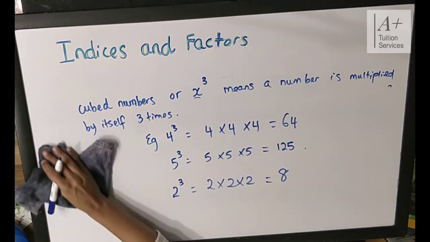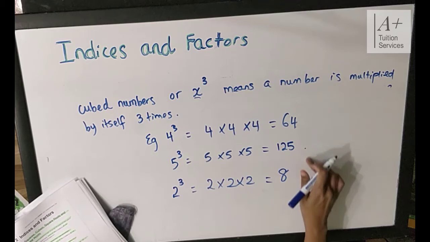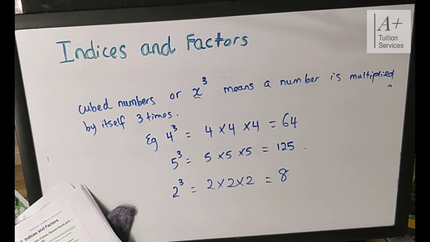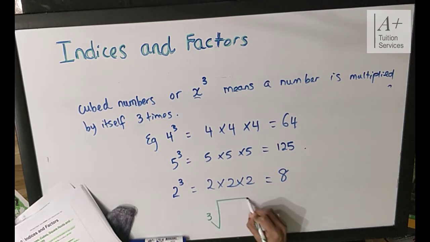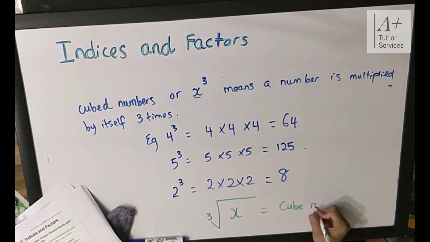However, if I want to get back the number that I cubed, I need to use cube roots. So I would now use this symbol 3 with the square root sign like normal and then the number, which means cube root. Okay?